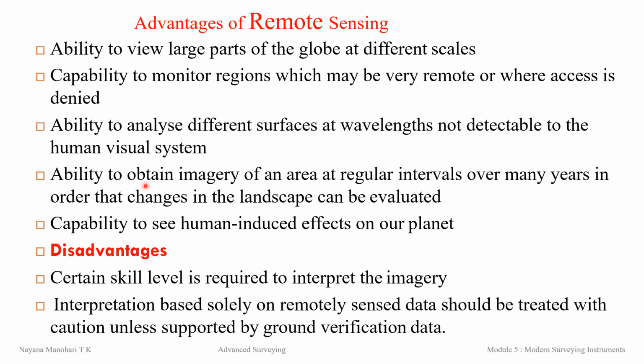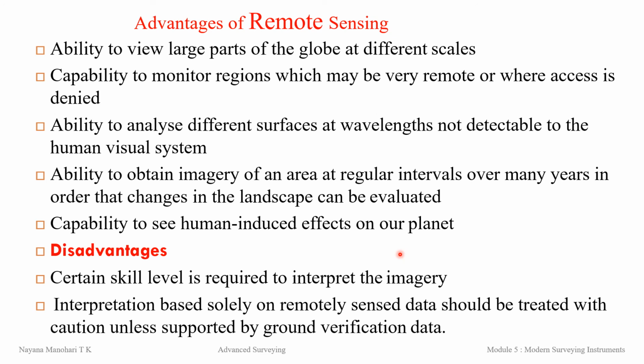Then, the ability to obtain imagery of an area at regular intervals over many years so that changes in the landscape can be evaluated. Next is the capability to see human-induced effects on our planet. Also, satellite images are permanent records which provide useful information in various wavebands.